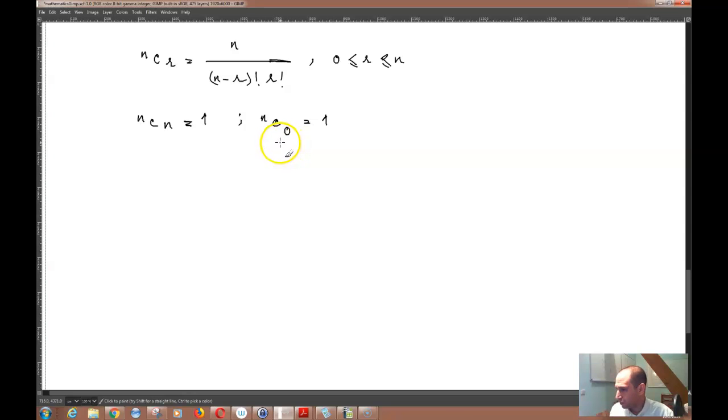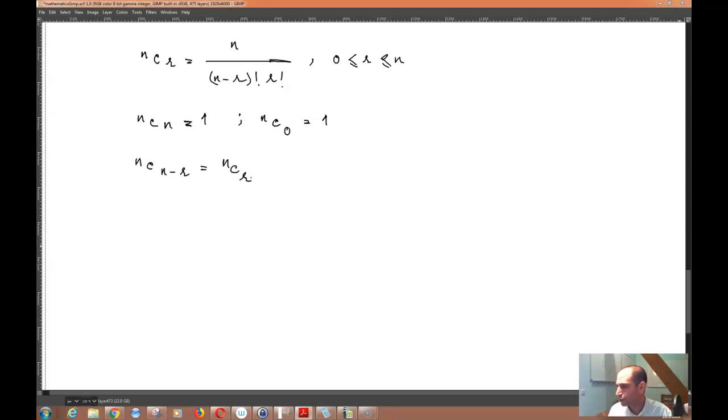And also we said that n combination n minus r is equal to n combination r.